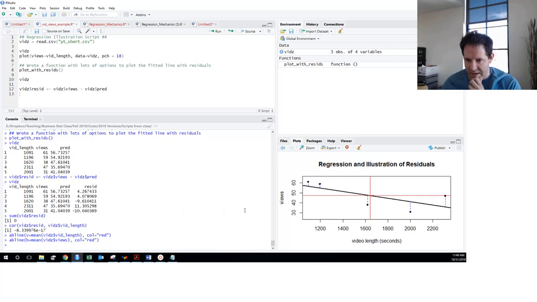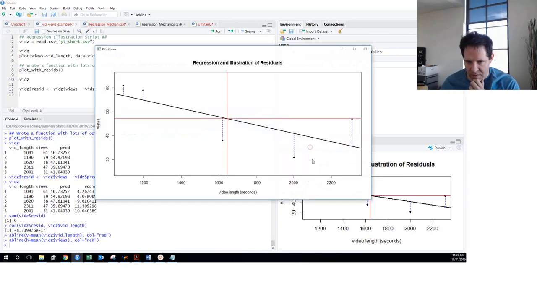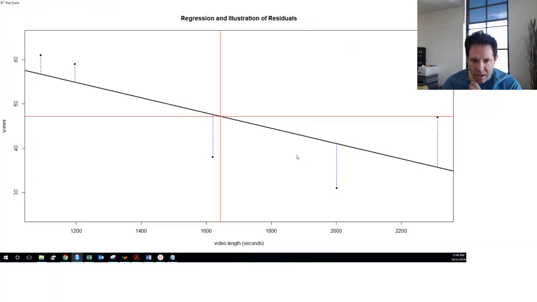And you can see, here we'll zoom in on this, the regression line actually does meet this point. It's not an accident that the regression line goes through this point, x bar and y bar.